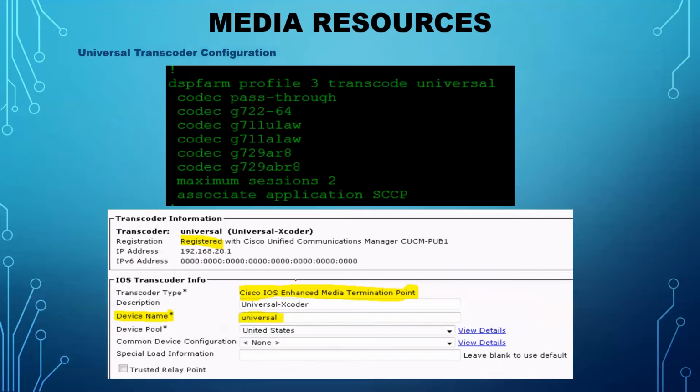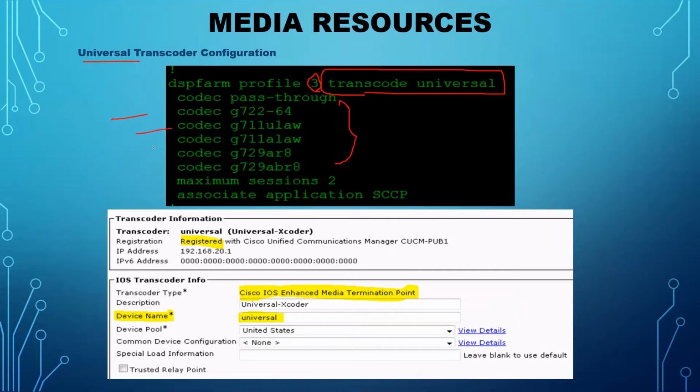Then we have the next thing, that is the universal transcoder. Here we just need to do one change. You can put this random number DSP farm profile and transcode universal. You need to mention the transcode universal here. Once you put universal, it means it is doing universal transcoding, and the rest of the things are the same.